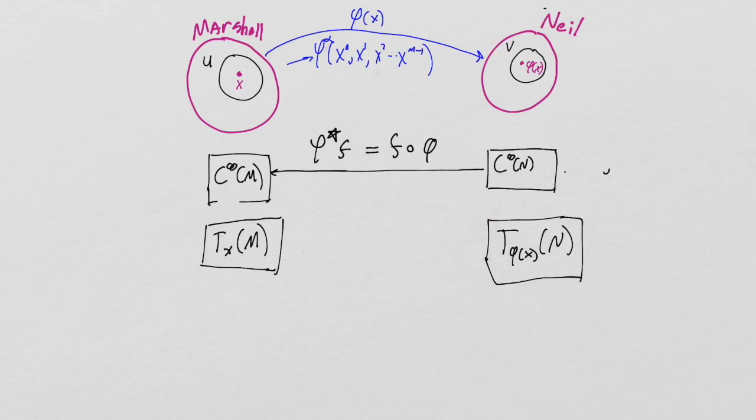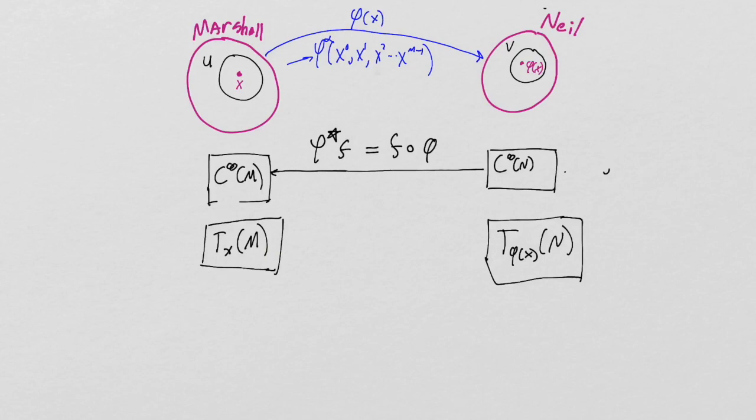Now what we've found is because this guy exists and because these are manifolds, we learned that the pullback existed. The question is, is there an equivalent relationship between the tangent space of Marshall at the point X, which is a vector space located at X, and the tangent space at the point phi of X? Can we connect these two tangent spaces somehow?